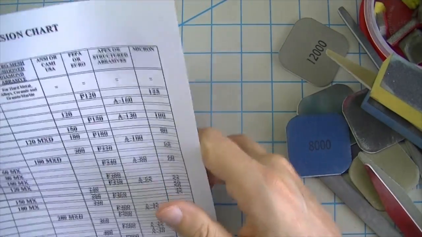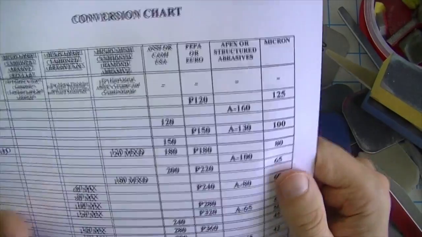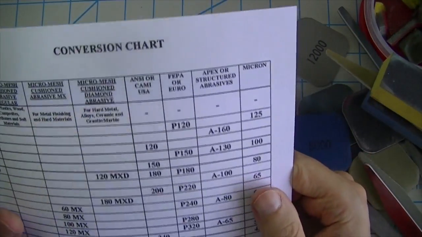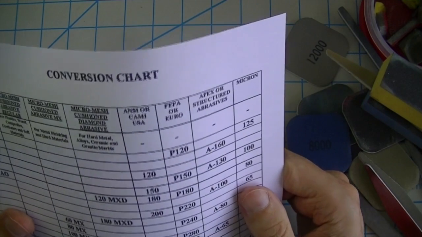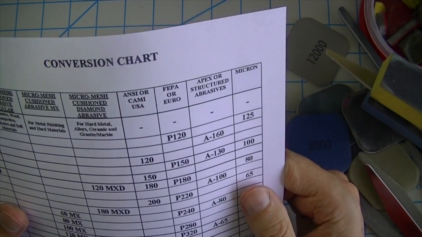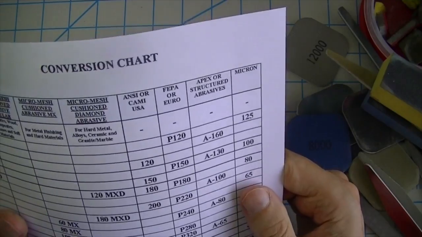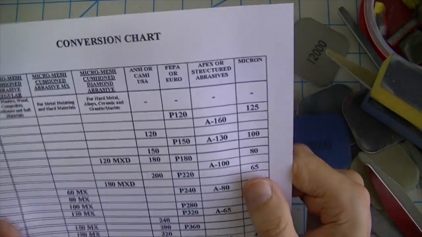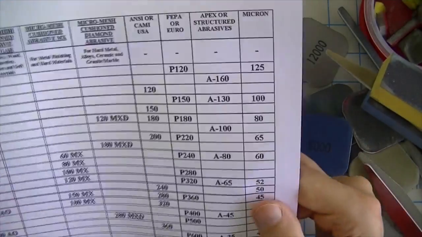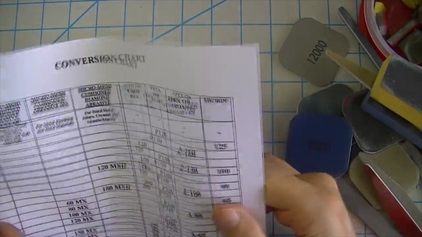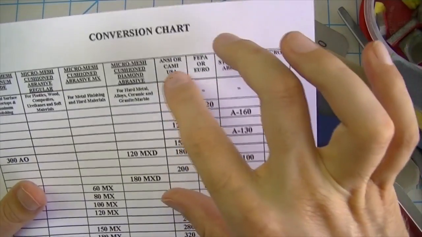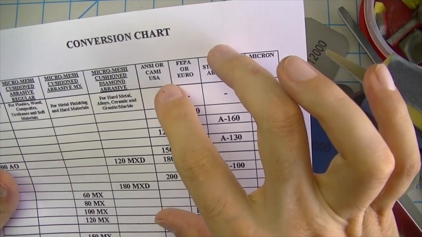So the first thing to know about sanding grits is that, like most things, they are governed by standards organizations. And in particular, with sanding materials, you've got the ANSI or CAMI standards.